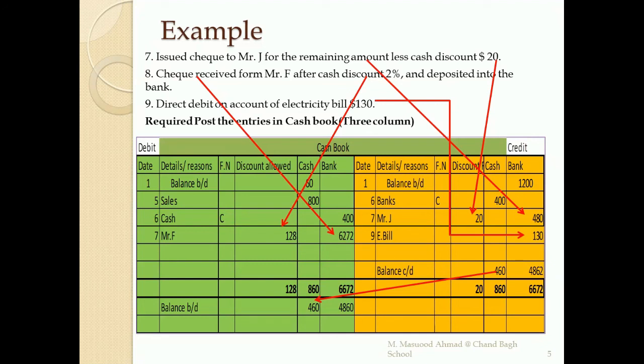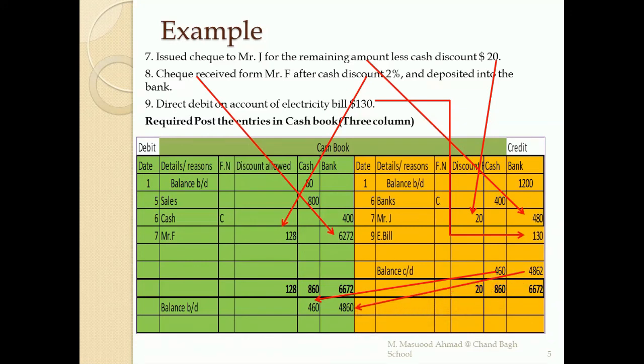And in the same way you balance your bank account. The debit side of the bank account is exceeding the credit side, so the balance is a debit balance, and it is written on the shorter side, that is the credit side. 4,862 is your debit balance of your bank account, so the debit side is exceeding.